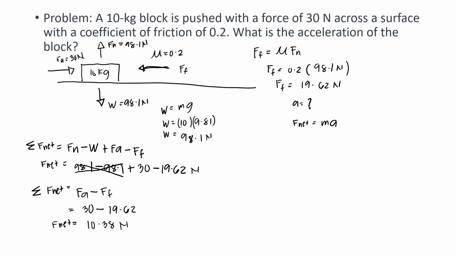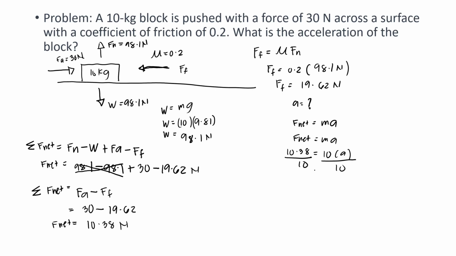Now that we have the net force and we have the mass, we can get the value for acceleration. So simply substitute the values. Here we can use this formula again. Net force is equal to 10.38, mass is 10, and acceleration is missing. So we can divide both sides by 10.